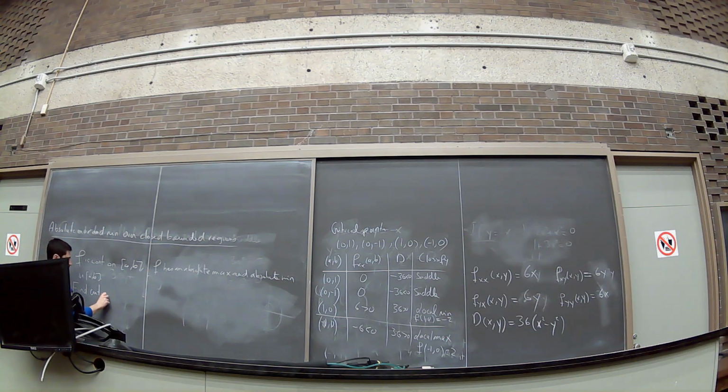Critical numbers, basically: where f is not differentiable, or where the derivative exists and is equal to 0.